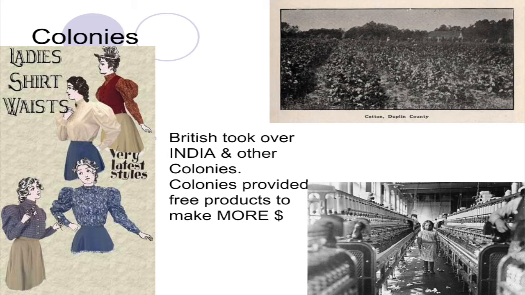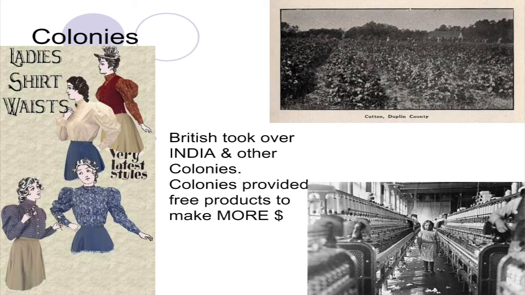But you can see on the bottom right, this cotton is being taken from India, and it's also being used to make clothing in the factory. The British were able to make tons of money because they used child labor, and they didn't pay kids very much money. And on the left-hand side, you can see some really interesting dresses.